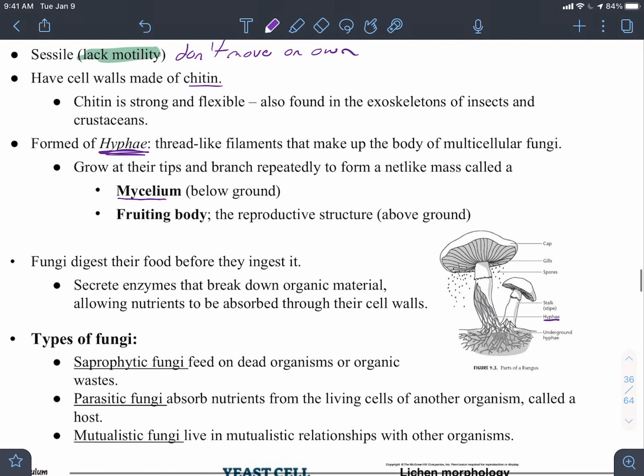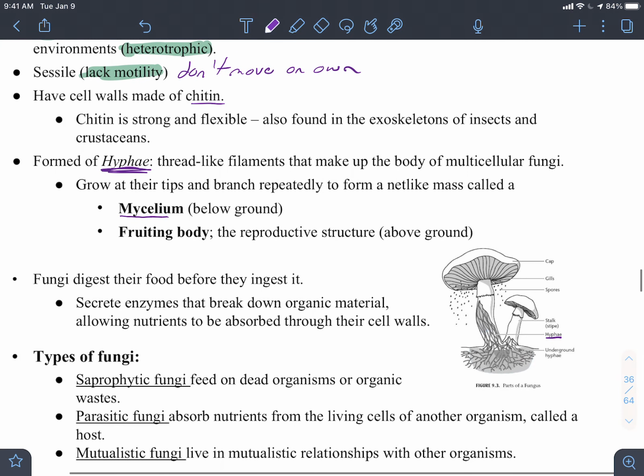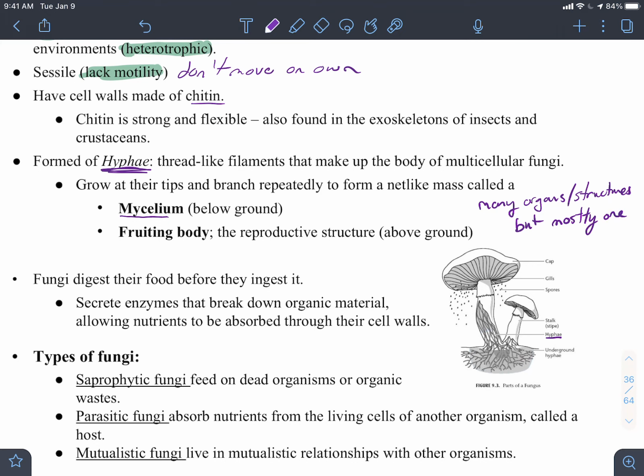I do want to draw some attention to the idea that they have these very simple bodies. They may have many organs or structures, but mostly one cell type.